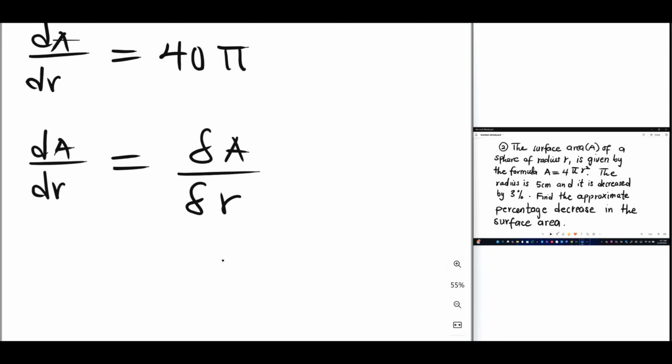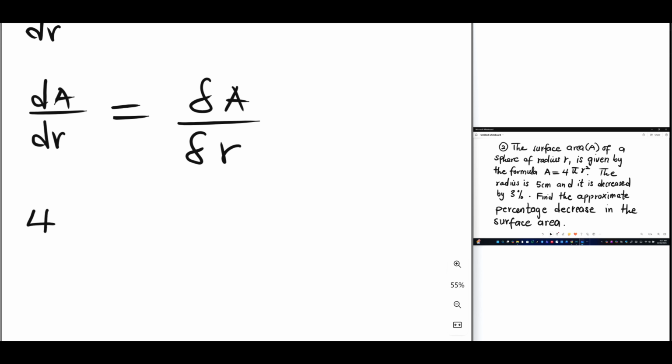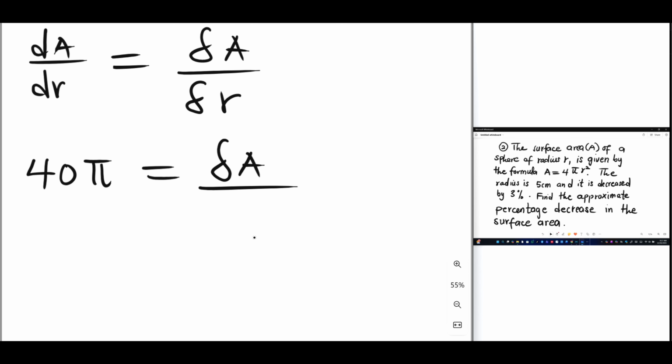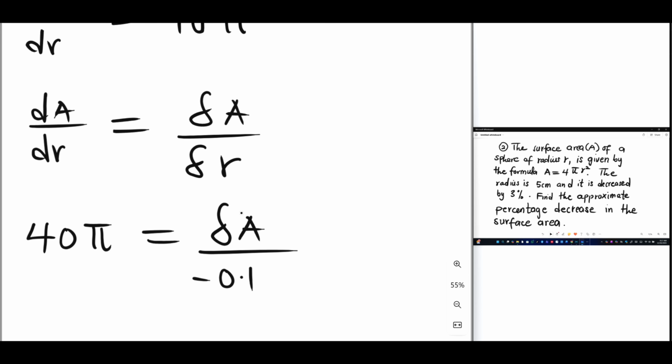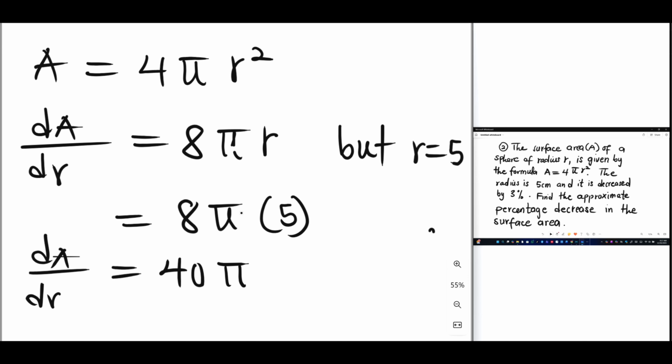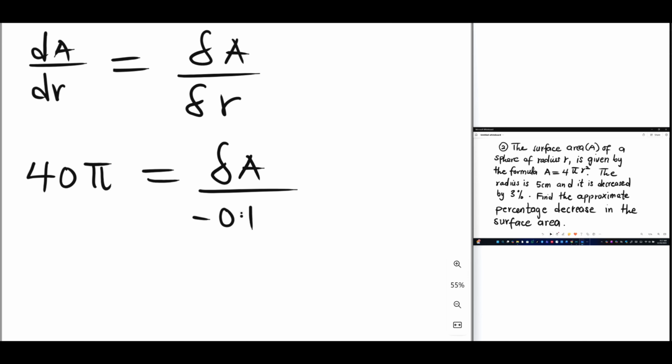We know dA/dr to be 40 pi, equal to our small change in A, which is what we are looking for, divided by the small change in r, which is negative 0.15.